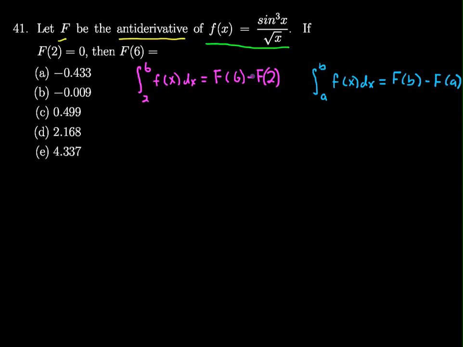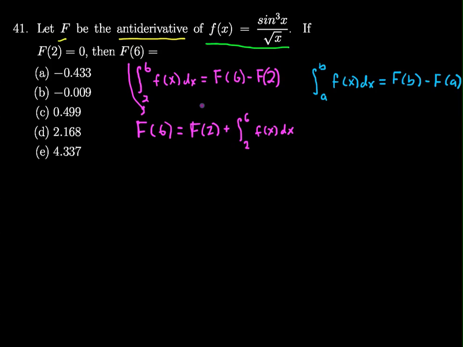Let me add this 2 to both sides, and I get big F of 6, what we're actually looking for, will be big F of 2 plus my definite integral from 2 to 6 of f of x dx.